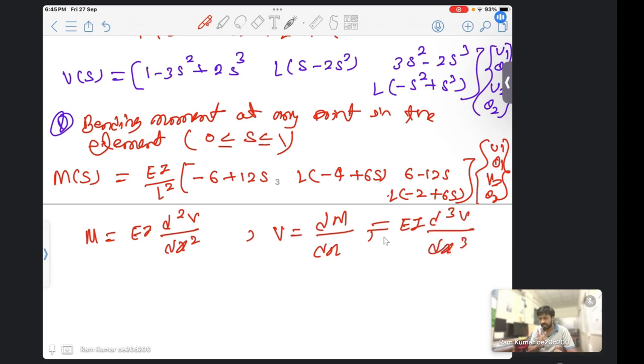These are simple strength of materials things. I'm going a little bit fast because it is not required. This is our shear force. Yes, shear force, I missed that. This is our displacement only, v. This is shear force.